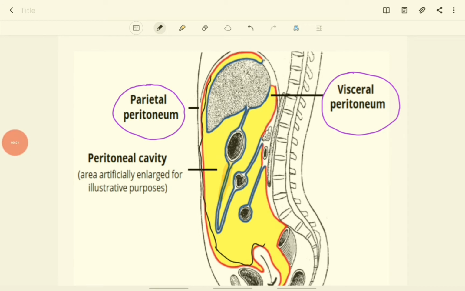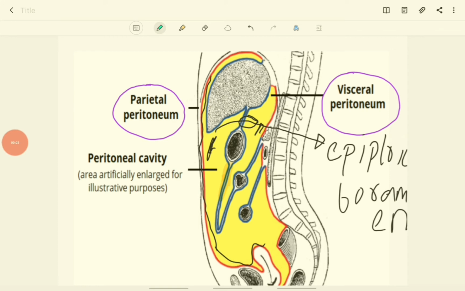In between the greater and lesser omental sac, over here and here, we have a connection, and this opening from the greater omental sac to the lesser omental sac is called the epiploic foramen.